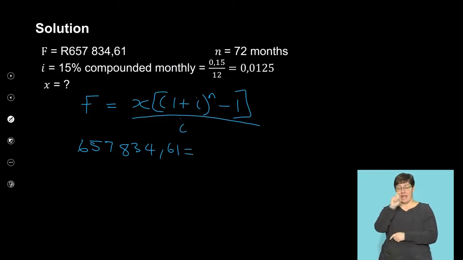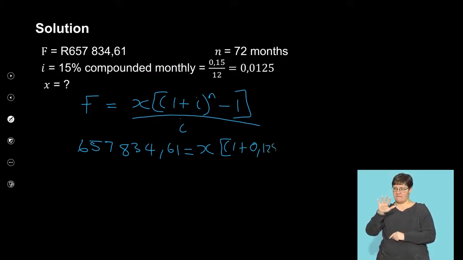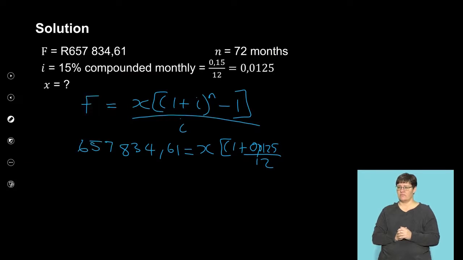This is equal to x, which I do not know, 1 plus 0.125, 0.0125, I mean, all of this divided by 12. Let me actually write it as the original one, without the answer itself, so that it does not confuse us.